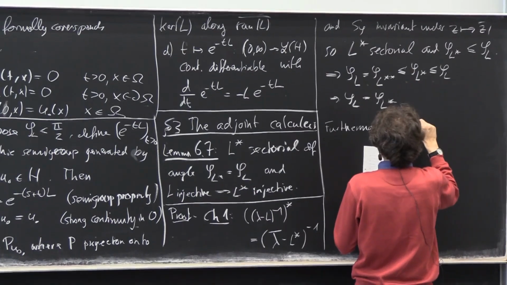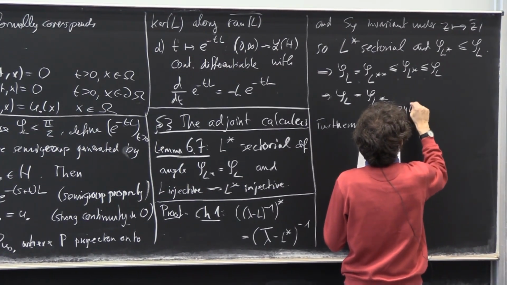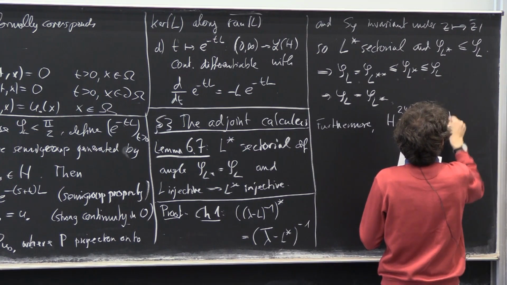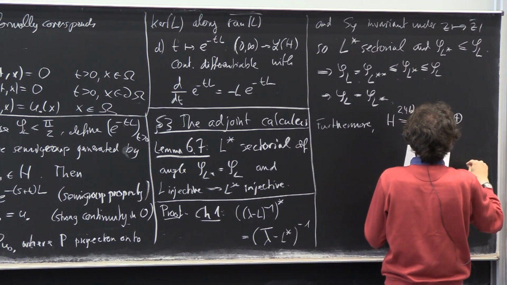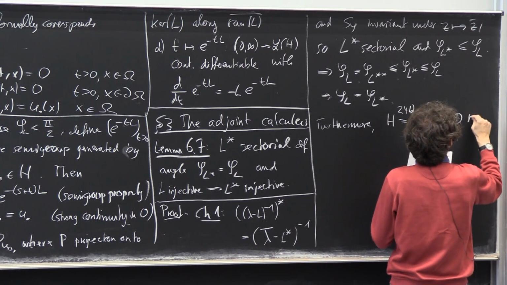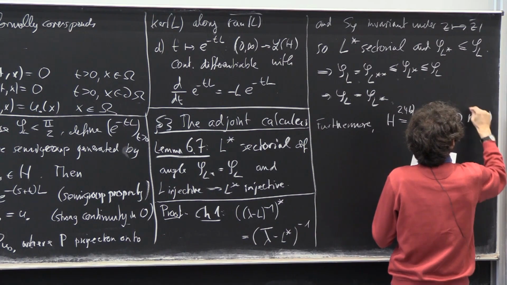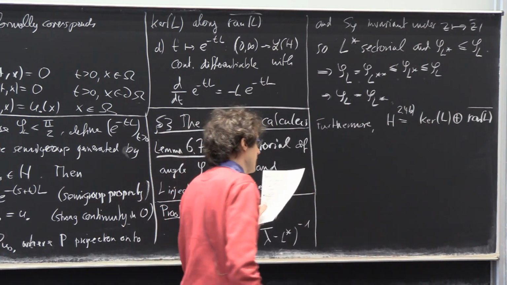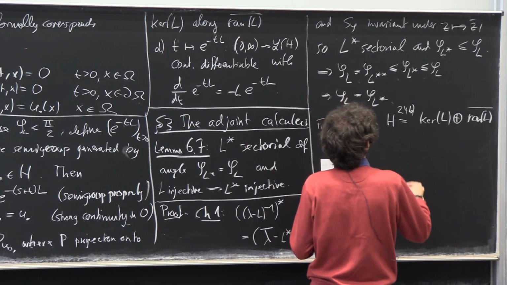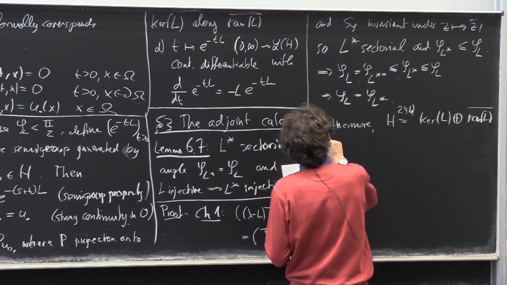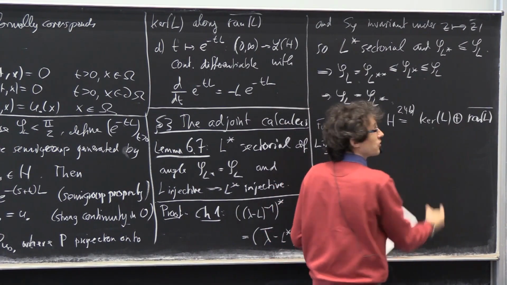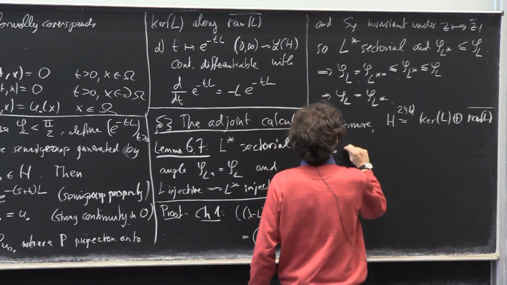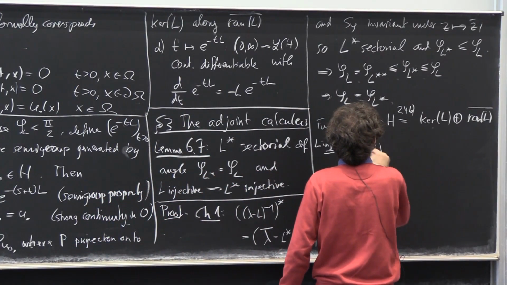Then we know from proposition 2.4b, I already told you there will be much proposition 2 today, that there is the topological decomposition of our Hilbert space H into the kernel of L plus the closure of the range of L. And now, since we supposed L to be injective, this kernel is not too big, it's just the zero set. So this is nothing else than the closure of the range of L.